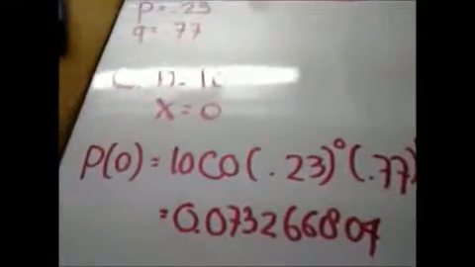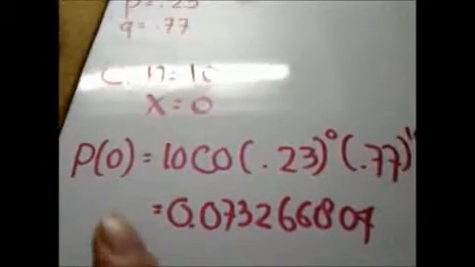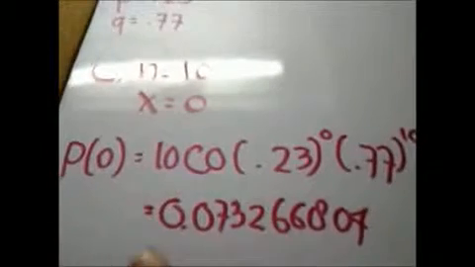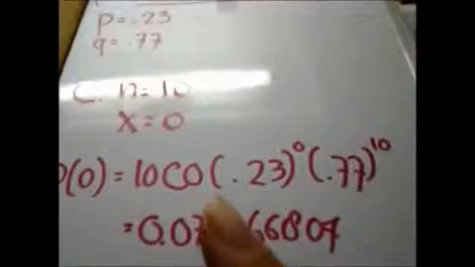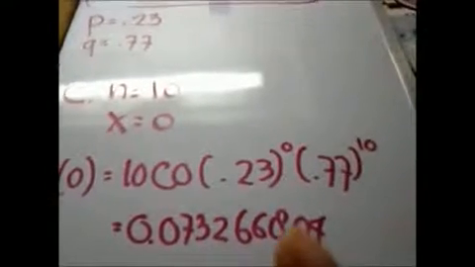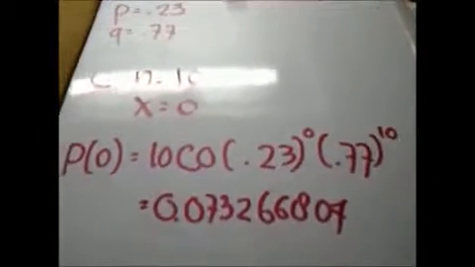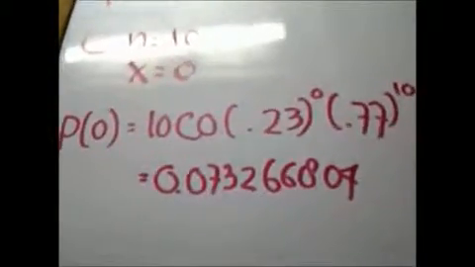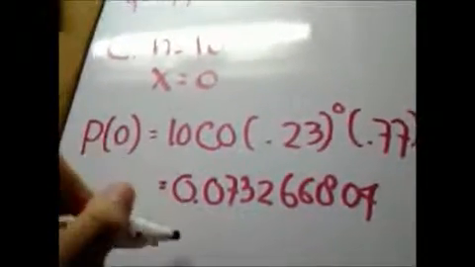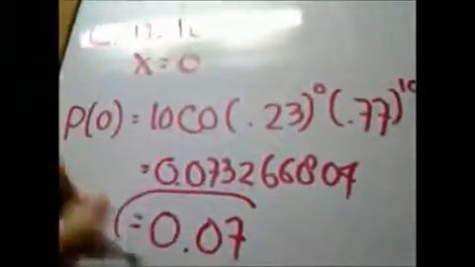So the probability that no one will stick with the tour group is equal to 10C0 times 0.23 to the power of 0 times 0.77 to the power of 10, which is equal to 0.0732668804, or you can round it off to 0.07. So the answer is 0.07.